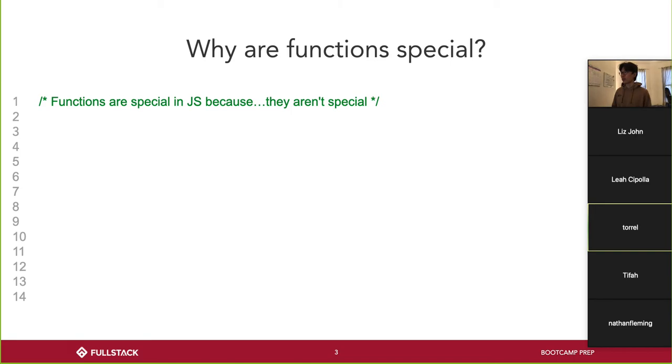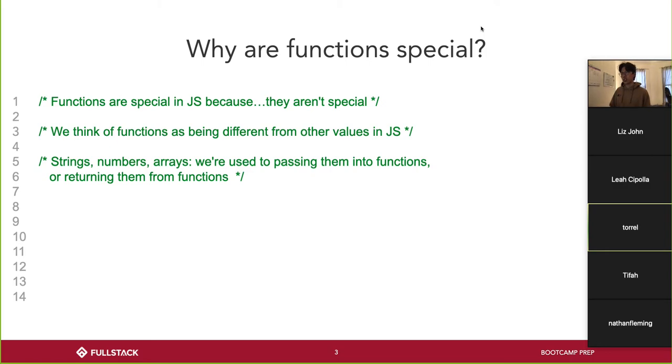So yeah, they're special. You can invoke them. I'm not going to say they're like strings and numbers in identity, because you can do different things with them. They encapsulate code that can be reused at a later point, and you can call them. But in terms of passing them around, you can pass them around like a string or number.